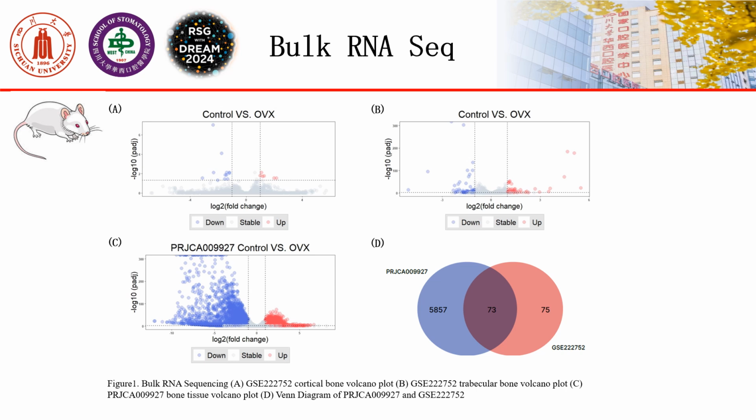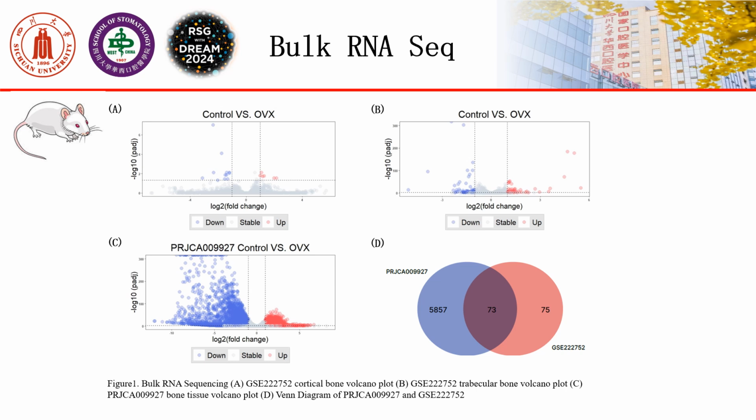First, we use bulk RNA sequencing datasets, one from the GEO database and the other from the BioProject database. Both experiments used 8 weeks of ovariectomized mice compared with control mice.